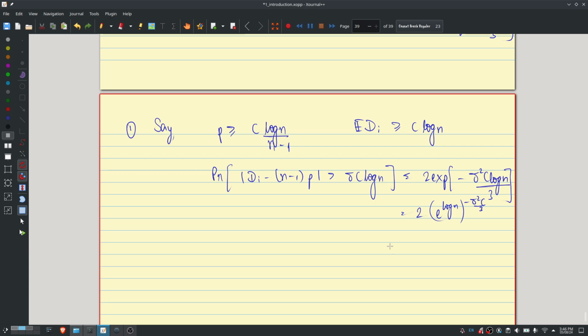It's just n. So we get 2 times n to the minus delta square c divided by 3.